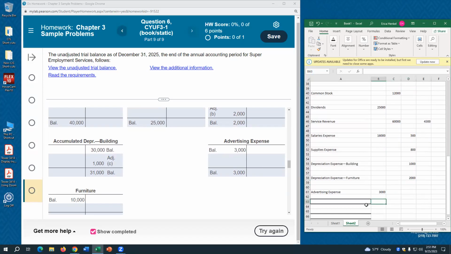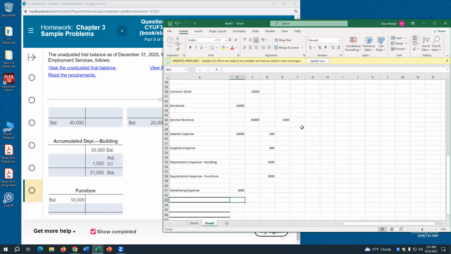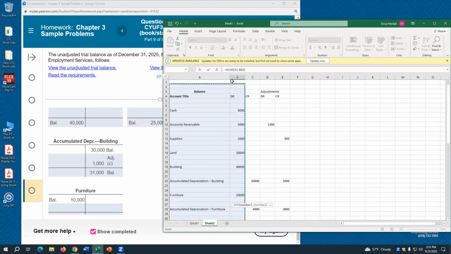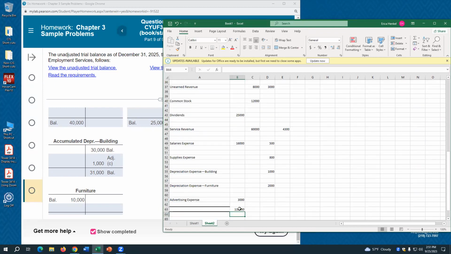I'm just gonna put subtotals in here so that we can make sure we have everything totaled that we need. I should always have my debits equal my credits if I have everything in here correctly. So I do for my unadjusted, and I do also for my adjustments that we made. My debits are equal to my credits. So I know I've got everything in the right columns.